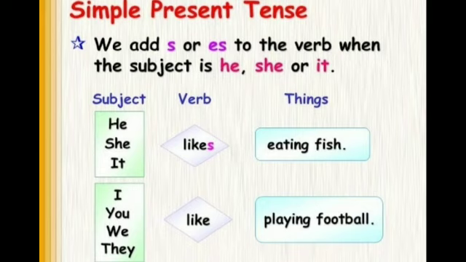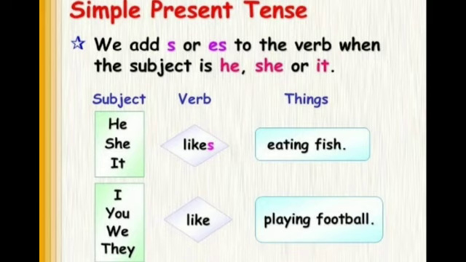When the subject is I, you, we, they, then we don't have to add S to the verb, such as like. I like playing football.